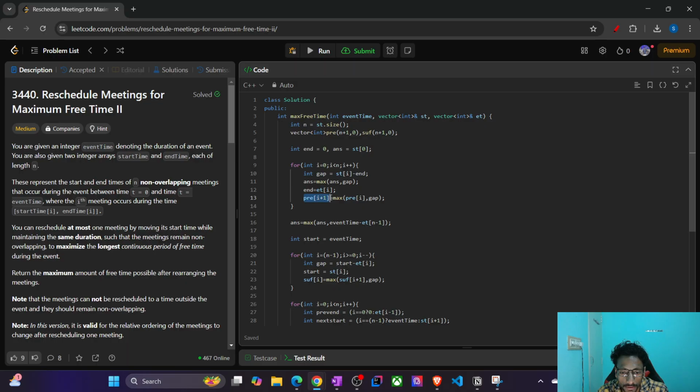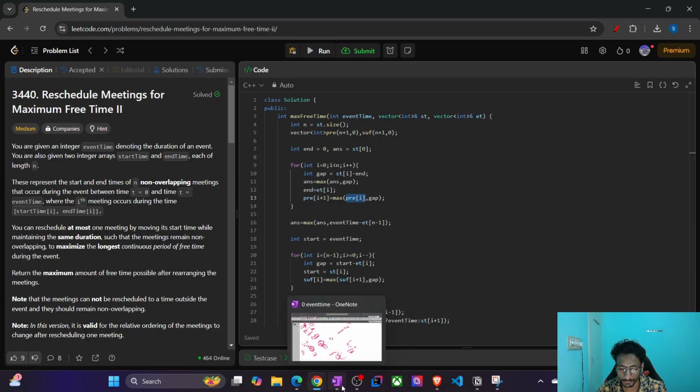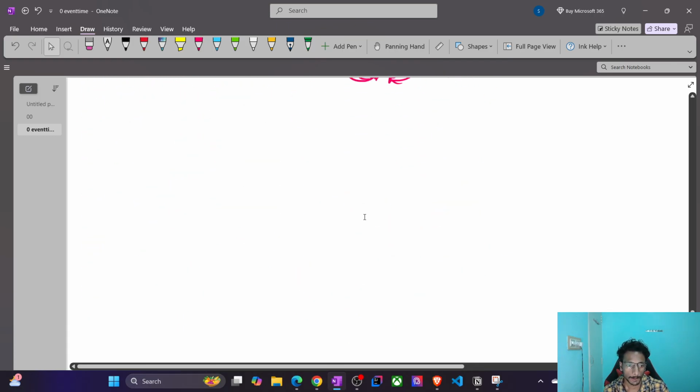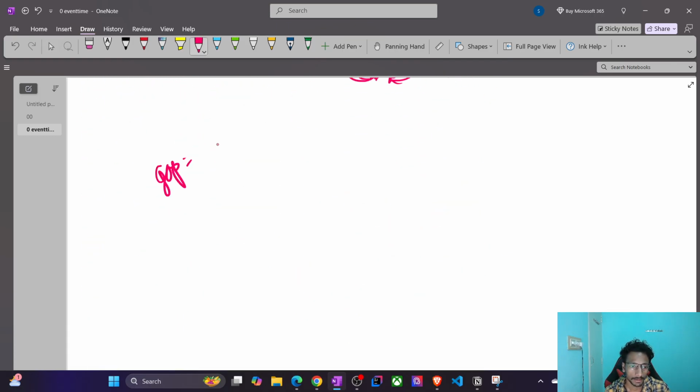Now I am storing at I plus 1, right? What is I plus 1 actually storing? Whatever the maximum gap I have seen in the index I, and the current gap. What is the current gap? You can see that the current gap is the previous ending minus the current starting time.